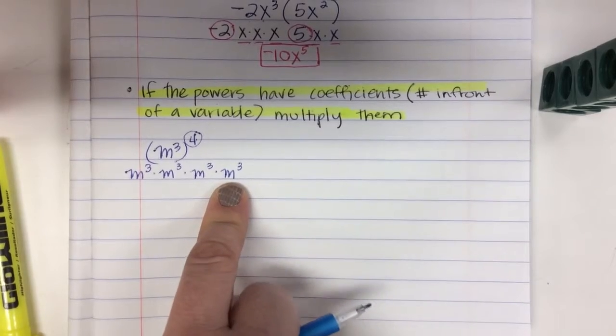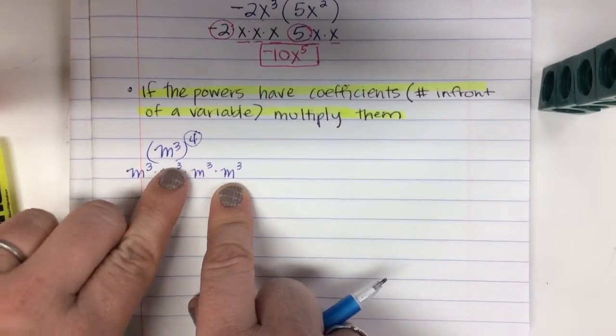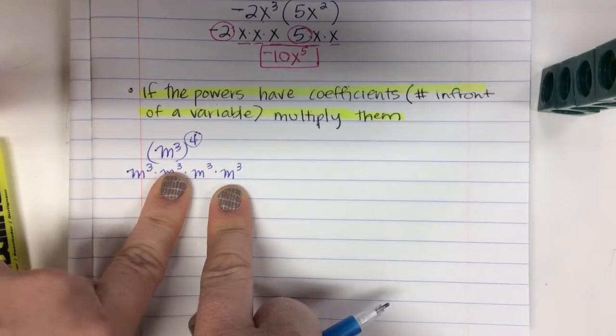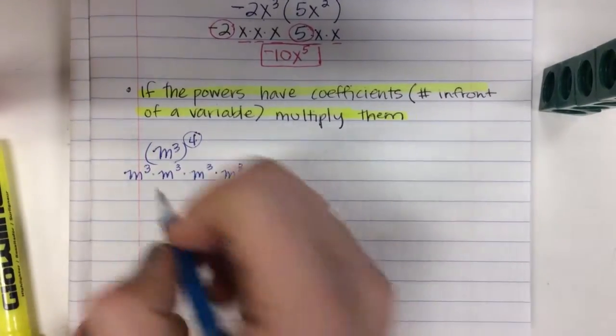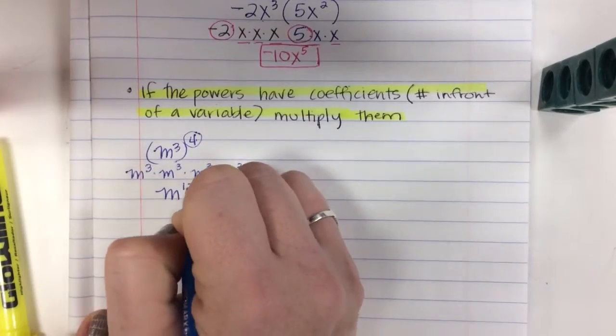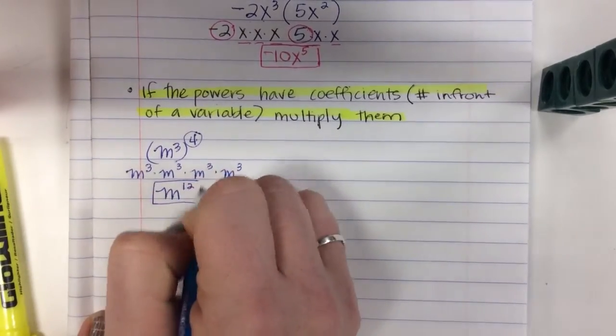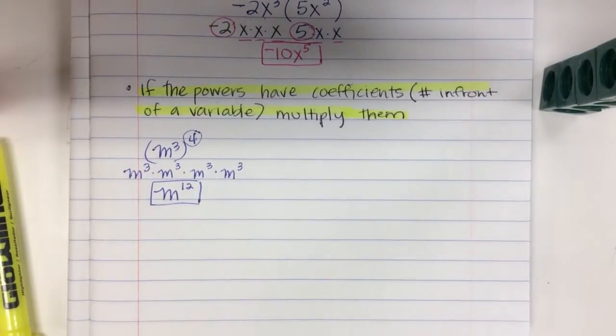So I add the exponents. 3 plus 3 is 6, plus 3, plus 3. M to the 12th. Hold on. Before you start telling me shortcuts, let's do another one.